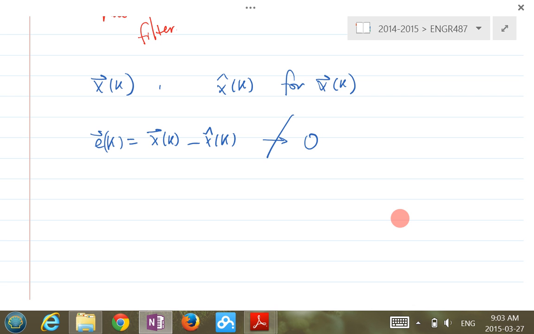What we can try to do is minimize the dispersion of E. You want the dispersion to be as small as possible. But this is not just one single value, so we create a covariance of this E here.